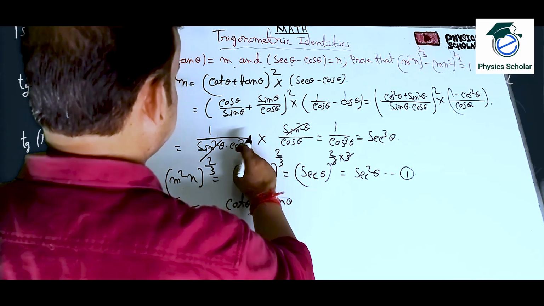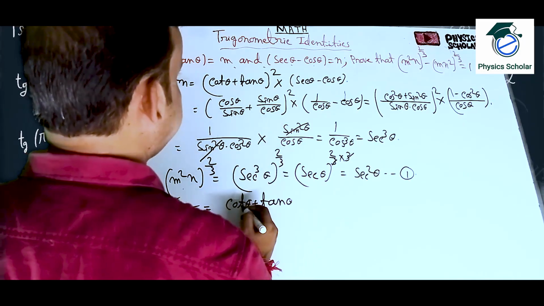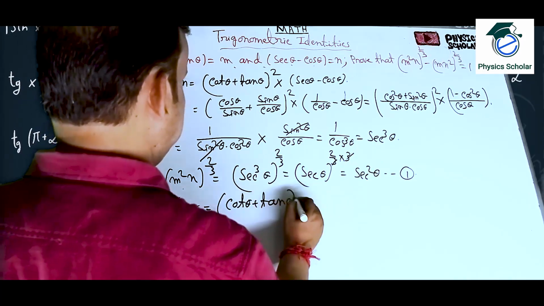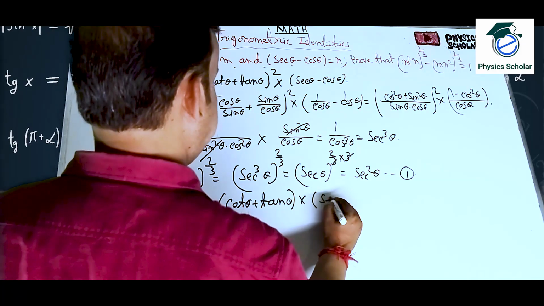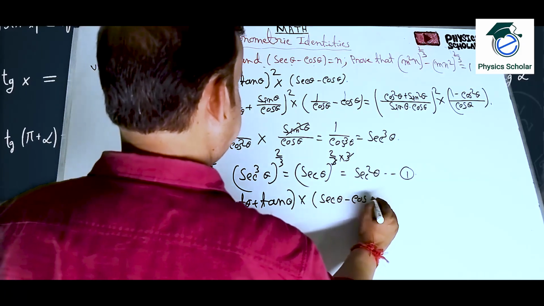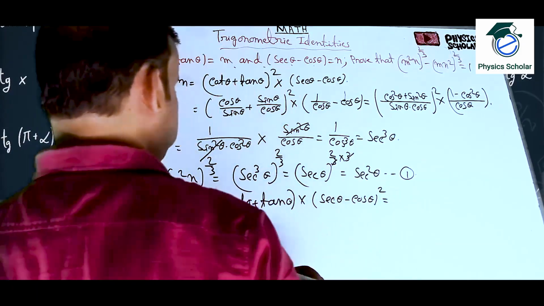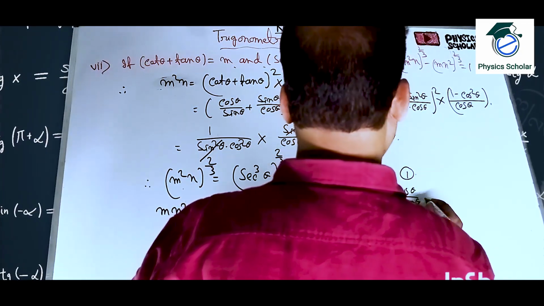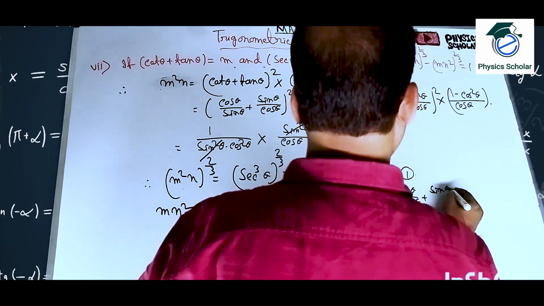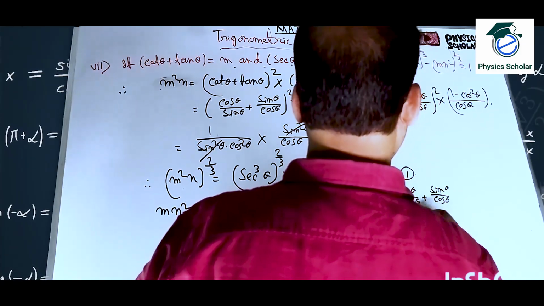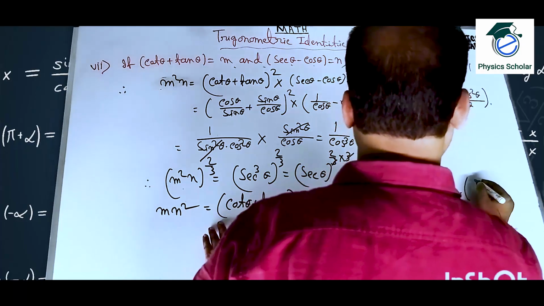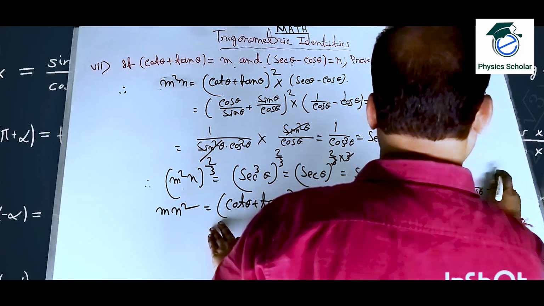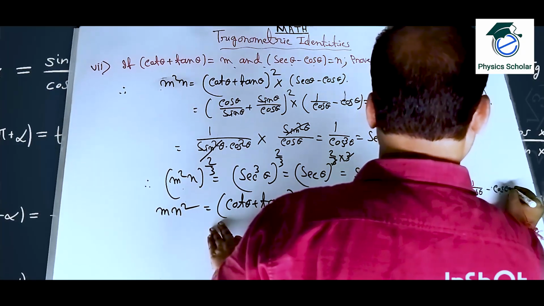So cot theta plus tan theta is m, and that is mn square, so cot theta plus tan theta into sec theta minus cos theta whole square is equal to cos theta by sin theta plus sin theta by cos theta, into 1 by cos theta minus cos theta whole square.